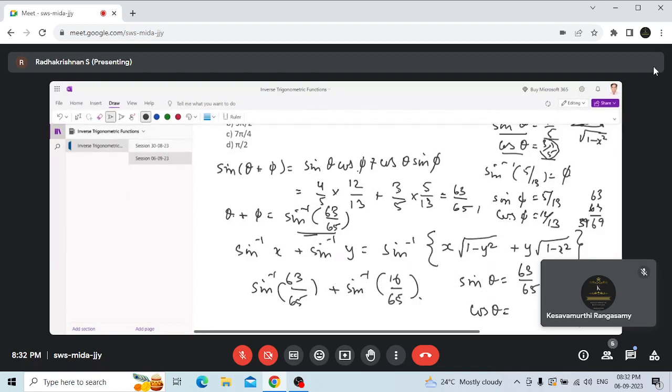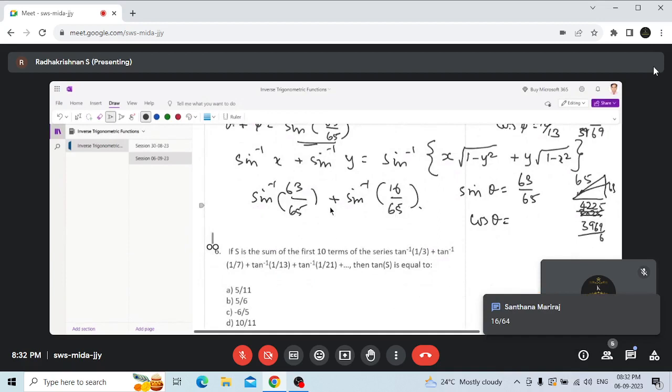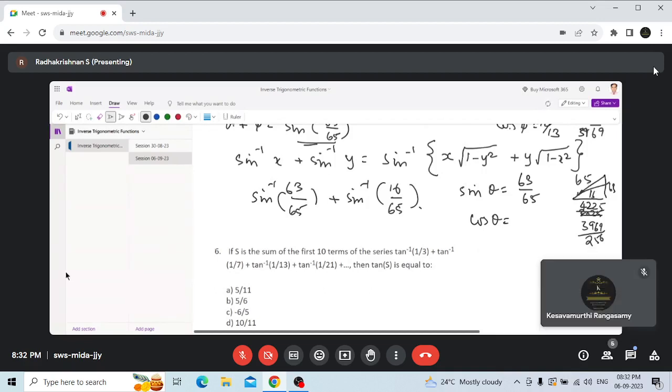So the difference is 256. Therefore, this third side is 16. 65, 63 and 16 form a right angle triangle. So therefore here cos theta will be 16 by 65.